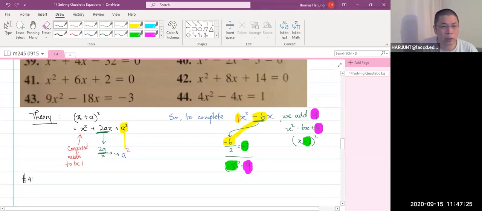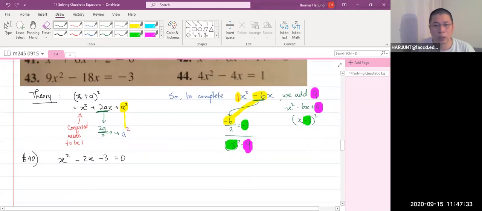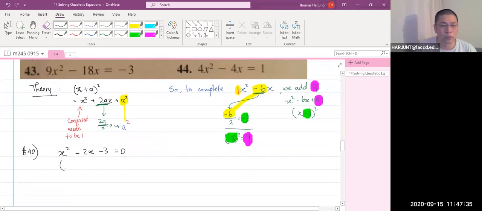Number 40. X squared minus 2x minus 3. This is factorable, so you're supposed to do it by factoring. This is x minus 3, x plus 1, right? So x equals 3, x equals negative 1.